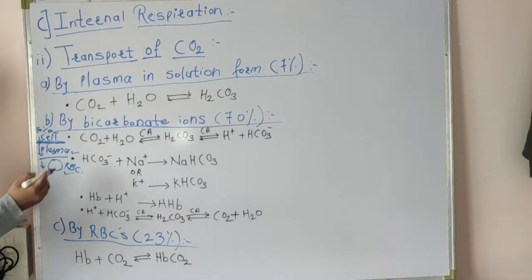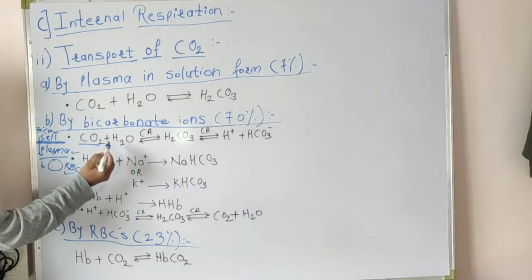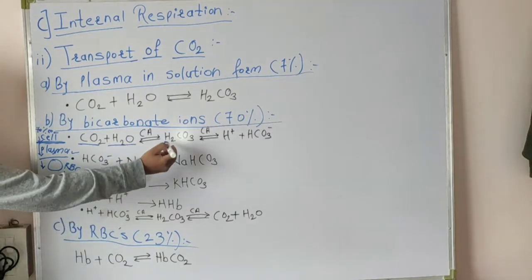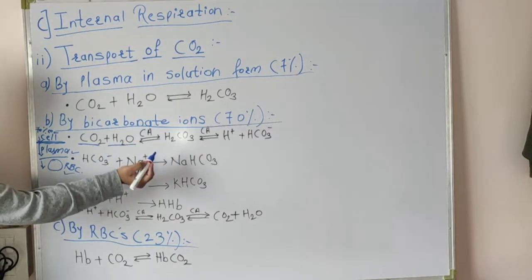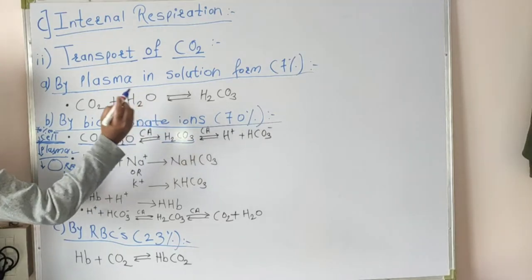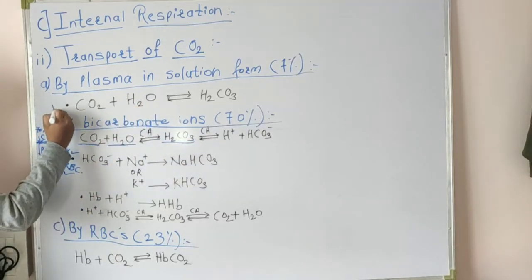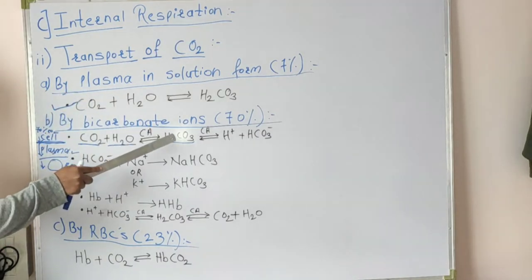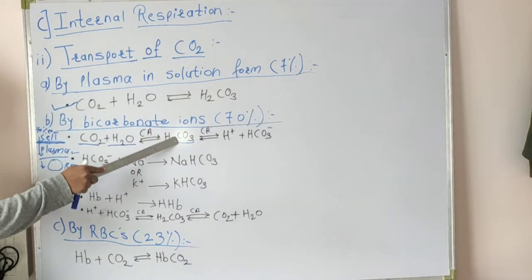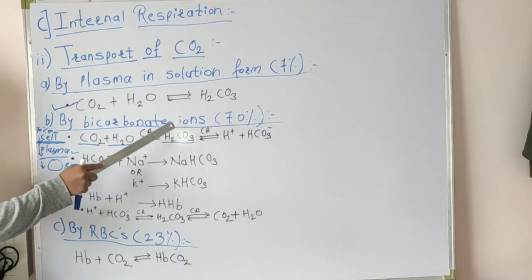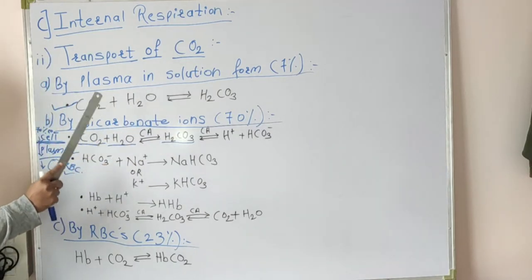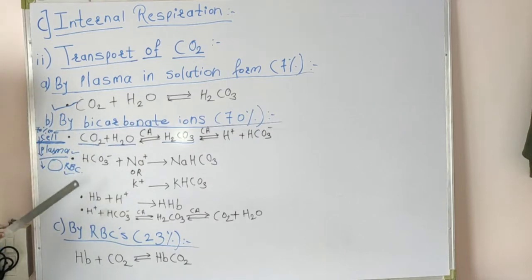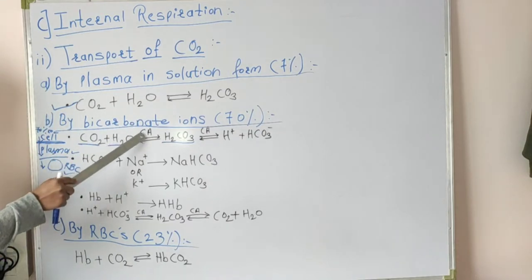Here this carbon dioxide binds to the water and forms carbonic acid. We have already seen this reaction in the plasma, but here the carbonic acid is formed with the help of a particular enzyme, called carbonic anhydrase.